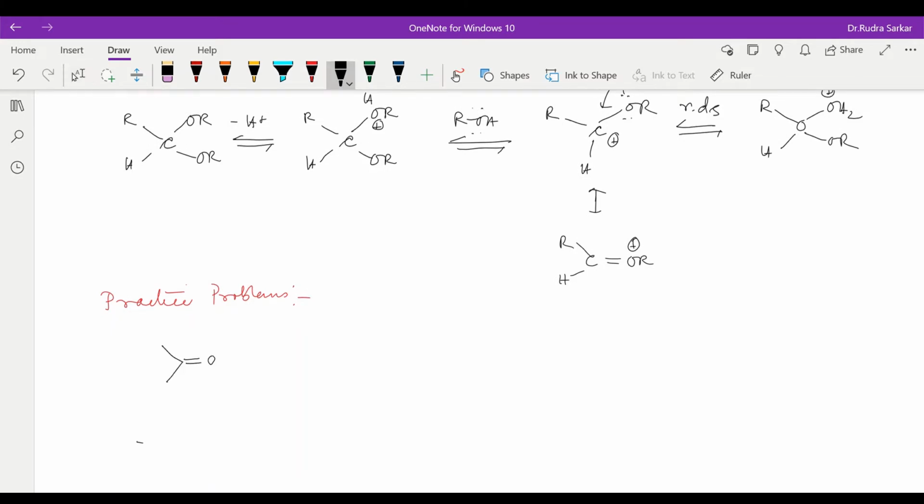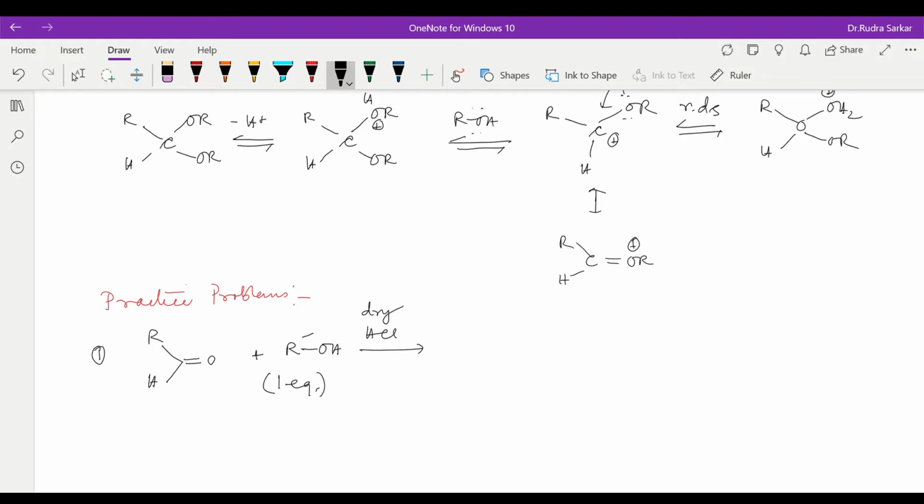I'm taking any type of acetaldehyde, okay? Example 1. And then I have said you try to react this with R prime OH, okay, and I've given you one equivalent only. And obviously here we have dry HCl, okay?